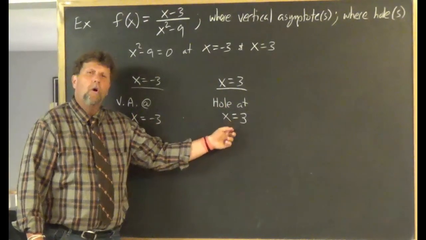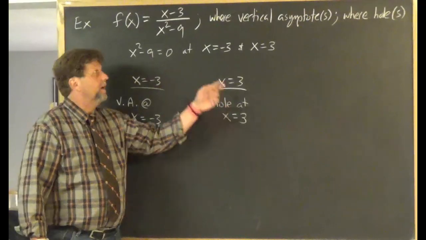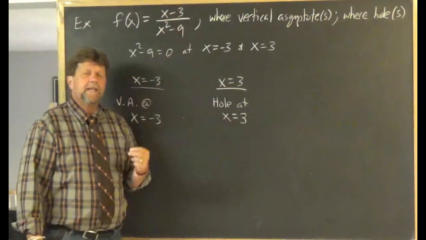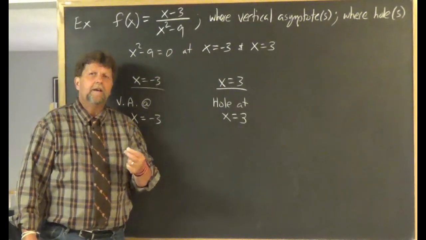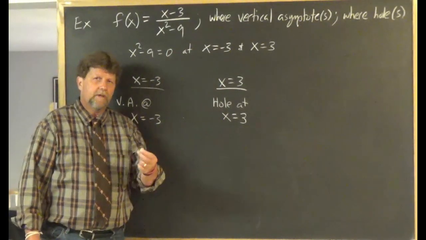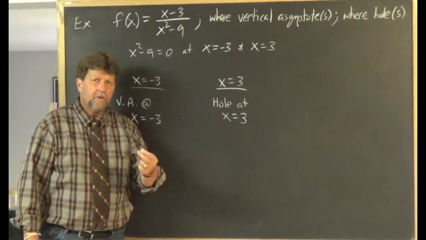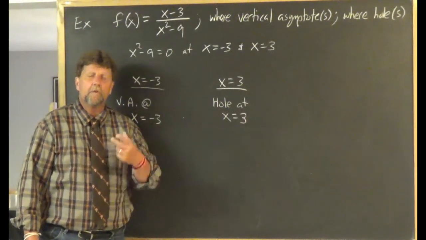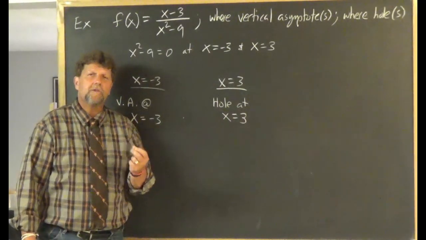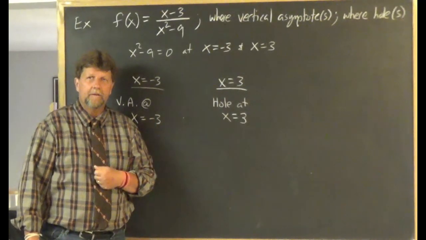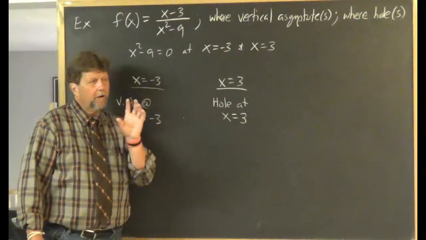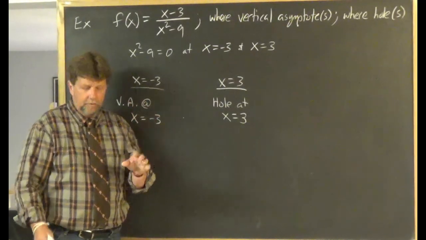Because we know there's a hole at x equals 3, for an x value of 3 you would have 0 over 0. We could find the limit using the techniques we saw in a previous section. It's indeterminate form, 0 over 0. So we could find the limit as x approaches 3 using old techniques, some algebra magic. So being able to classify where you have a vertical asymptote or a hole is really important.